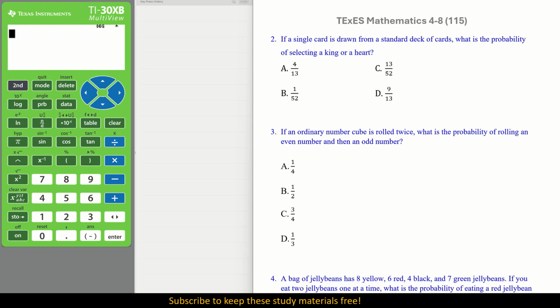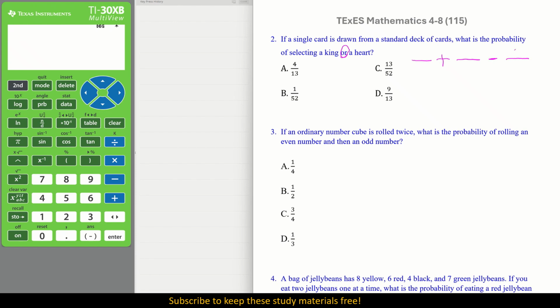Number 2, if a single card is drawn from a standard deck of cards, what is the probability of selecting a king or a heart? Now, in this situation, we will use the formula, okay? And one big key is we have or. And another thing is we need to subtract out where a king is also a heart.